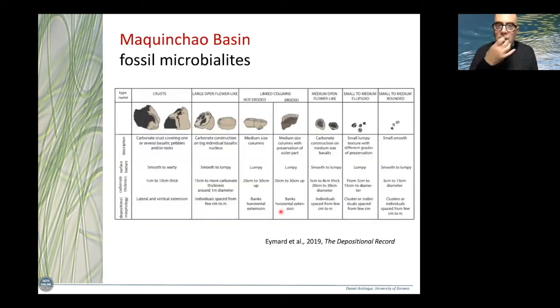So during the thesis of Ines Emar in our group, she looked at this in detail, and she identified 6 different kinds of microbialites that you can see here. I will not go into much detail on this because, as I said at the beginning, I want to concentrate mostly on the living ones.